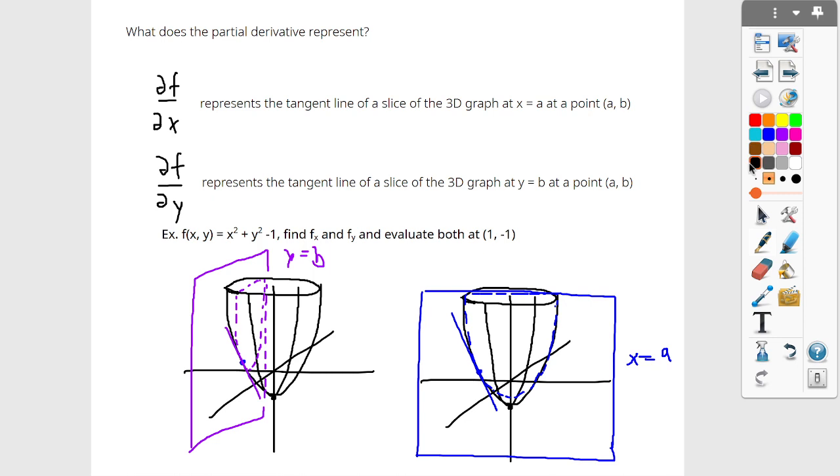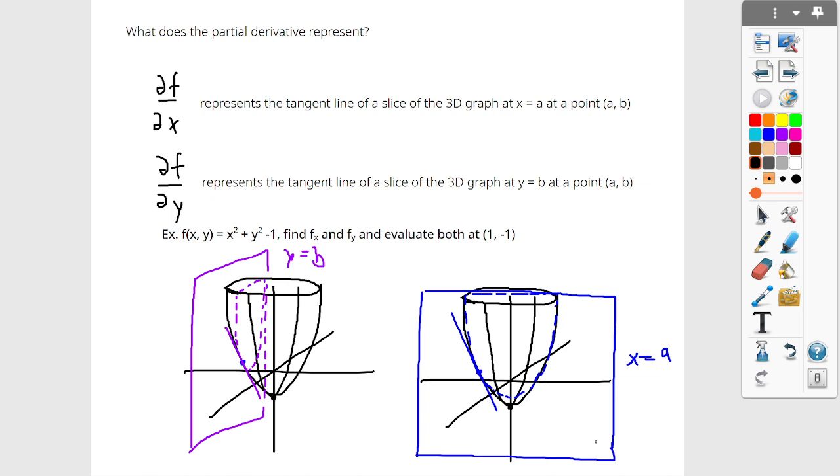If z is a function of xy, z equals f of xy, then it's the rate of change of z with respect to x, at a particular plane, x equals a. The point on that plane will give you a tangent line that is on that plane, right?